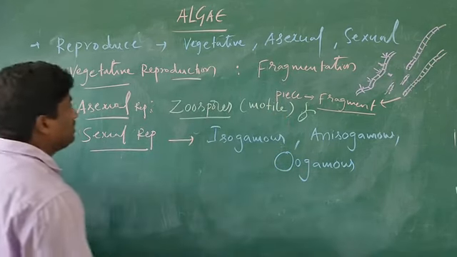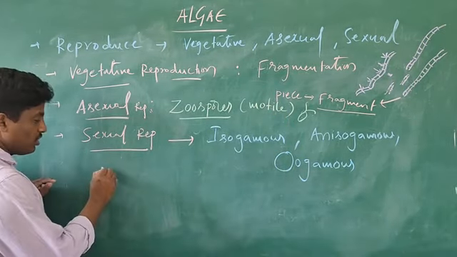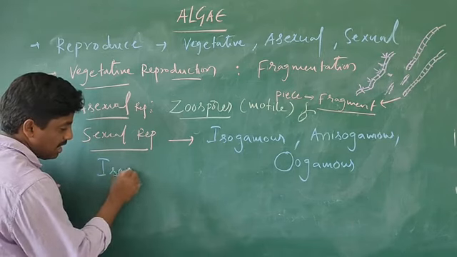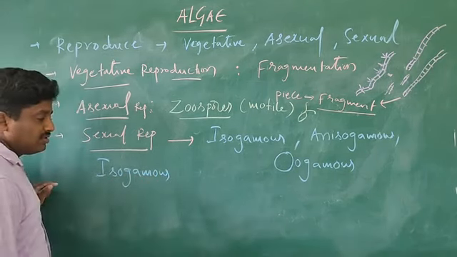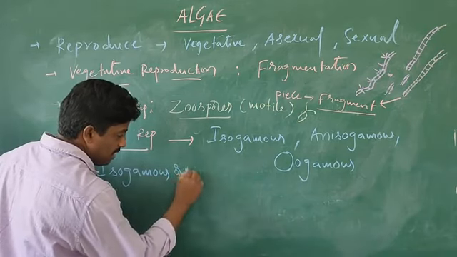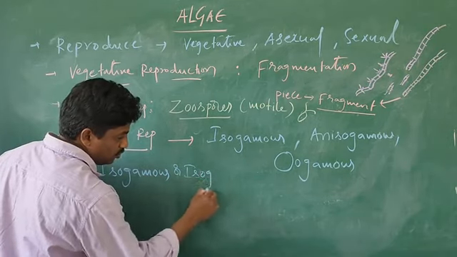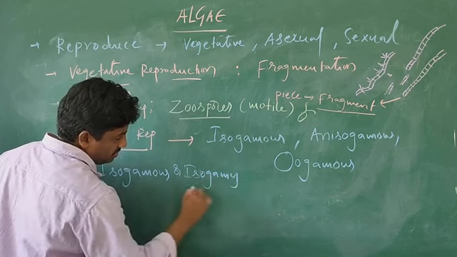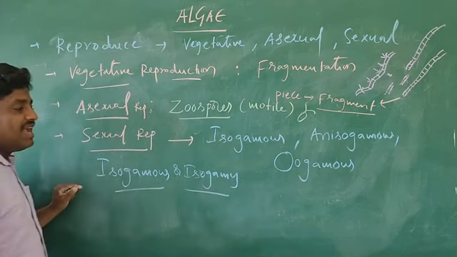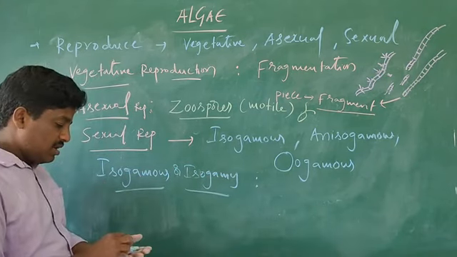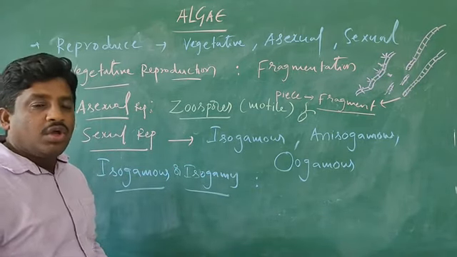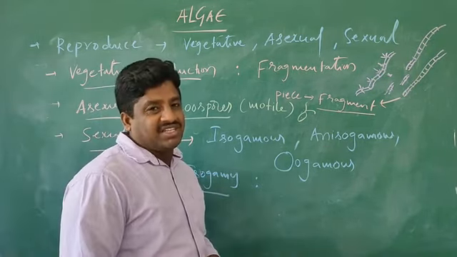So first of all, we are going to discuss isogamous. This is also called isogamy. Okay, isogamy. So here the fusion of two similar gametes.